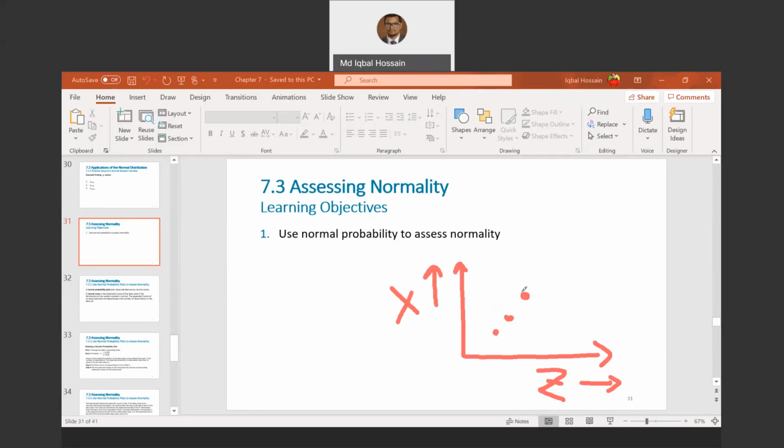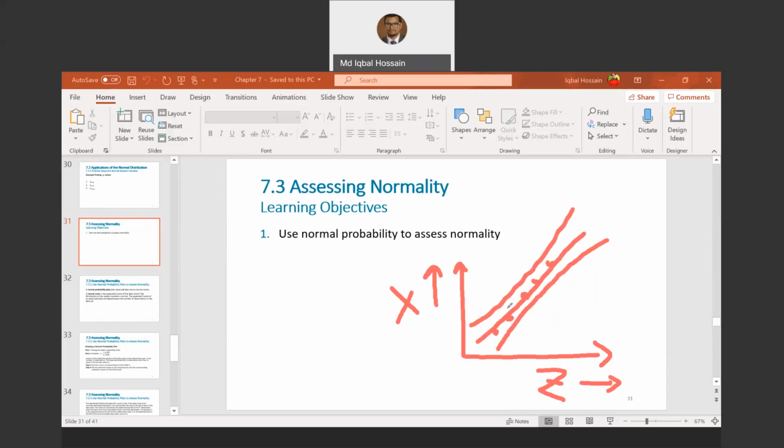Suppose we have points like that, then we will say this is a linear relation. Why? Because you can see all the points are on a single line.